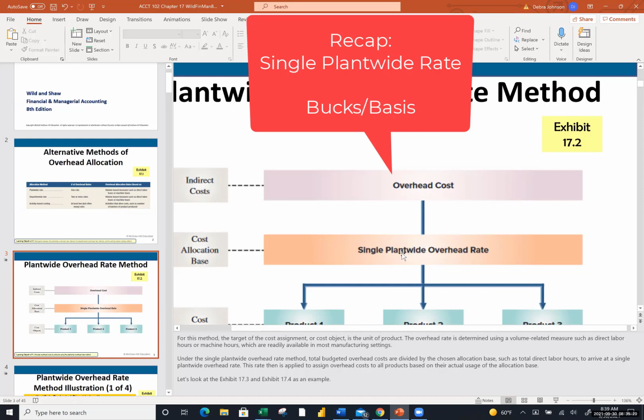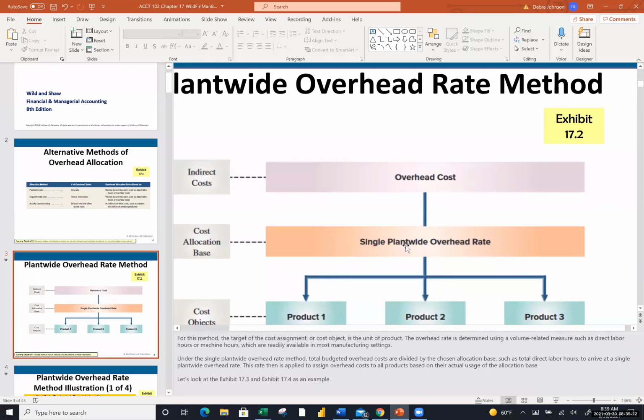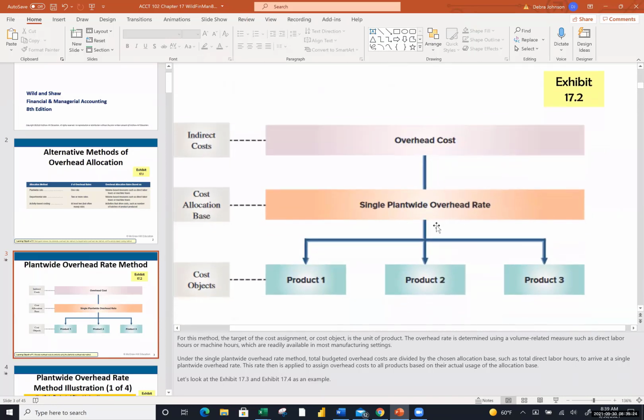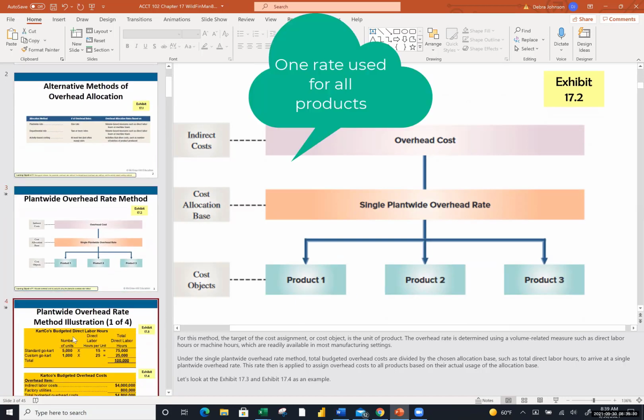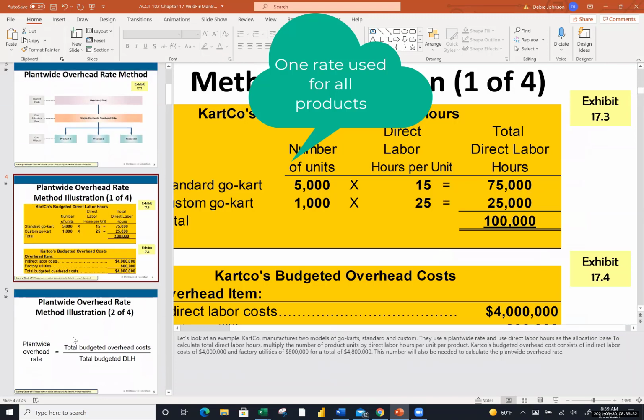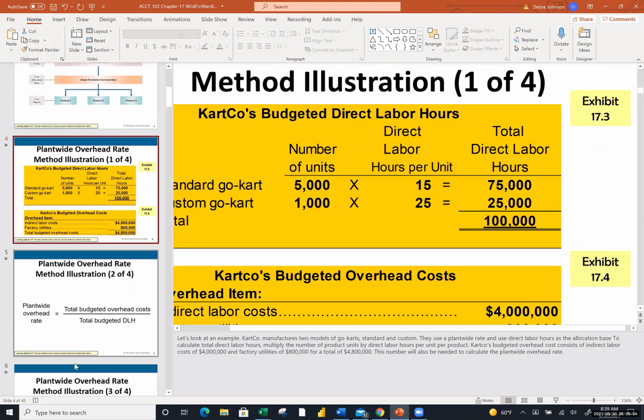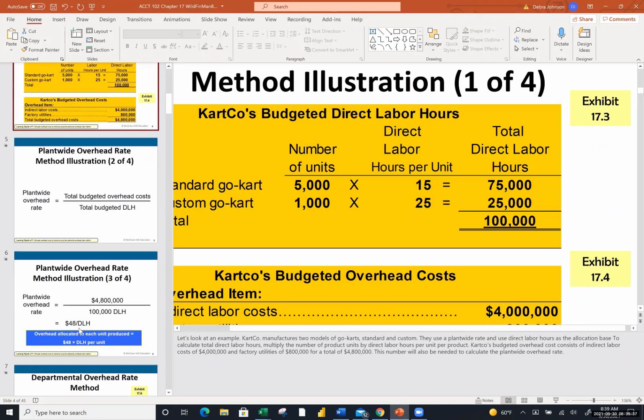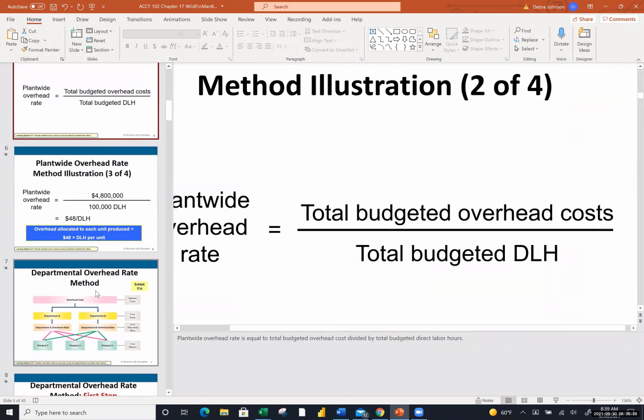Our book has used direct labor hours, machine hours, and direct labor costs. Based on that one rate, that's the one rate that goes out to all the products. They give us an example that I'm not going to go over because I would rather work through the examples. So let me go to the departmental rate.